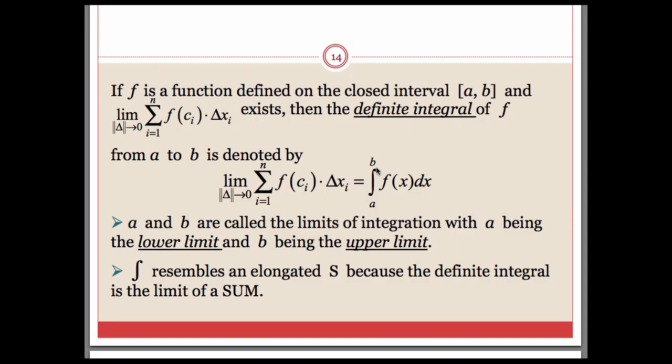And that antiderivative symbol we talked about, you might remember me saying it looks like an elongated S for a reason. Well, now you know the reason. It's an elongated S because it's representing the sum of the areas of all the individual rectangles. That's really where that symbol came from.